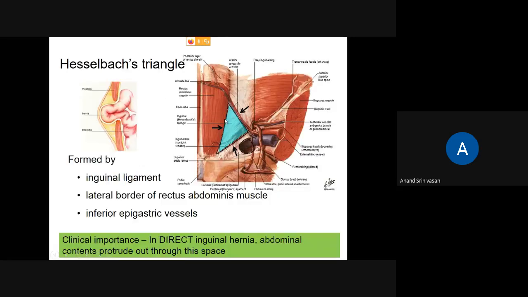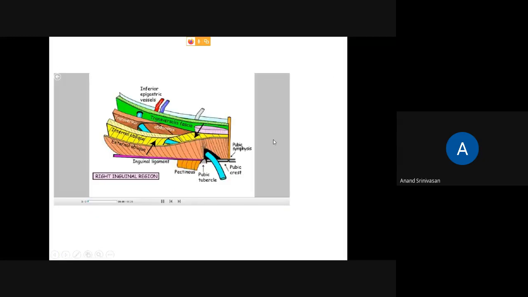In a direct inguinal hernia they strengthen the Hasselbach's triangle by means of a mesh or by reinforcing it with the inguinal ligament. This is the difference between direct and indirect inguinal hernia.